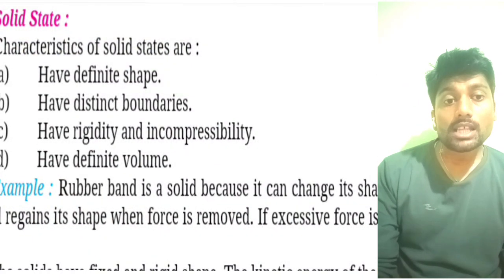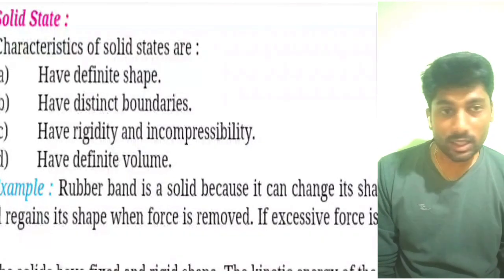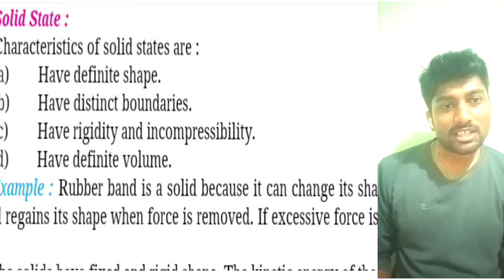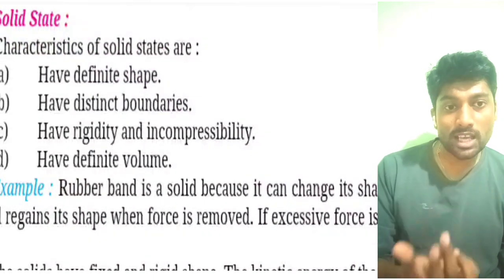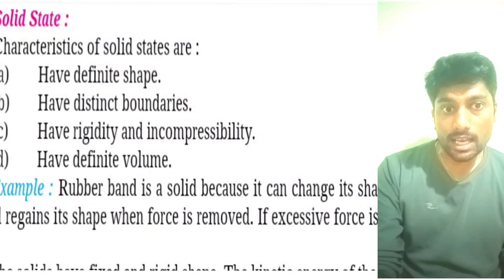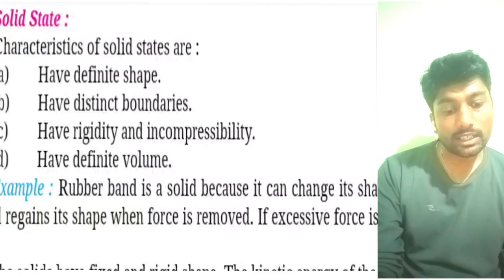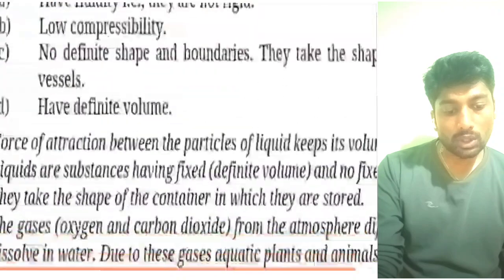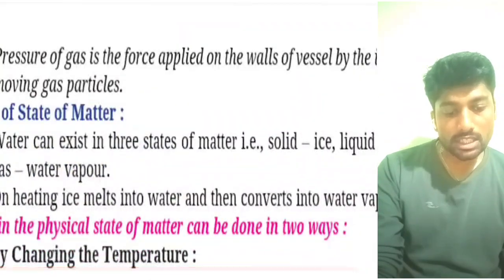Next, solids have a definite shape, but liquids don't have a definite shape. They can change shape according to their container. Of course, gases also don't have any definite shape. But solid, liquid, gases, they have a definite volume. And we have to know about vibration. Vibration is a special property.